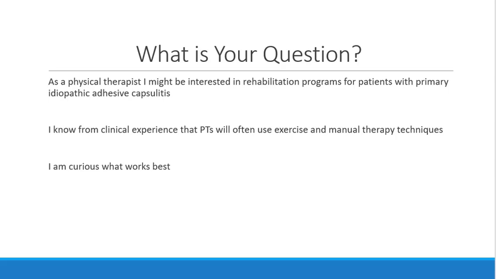As a physical therapist, I might be interested in rehabilitation programs for patients with primary idiopathic adhesive capsulitis, aka frozen shoulder. I know from clinical experience that PTs will often use exercise and manual therapy techniques. So I'm curious what works best.